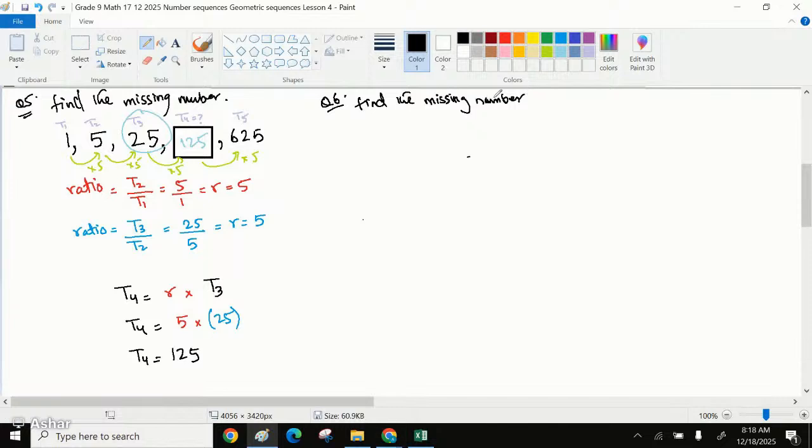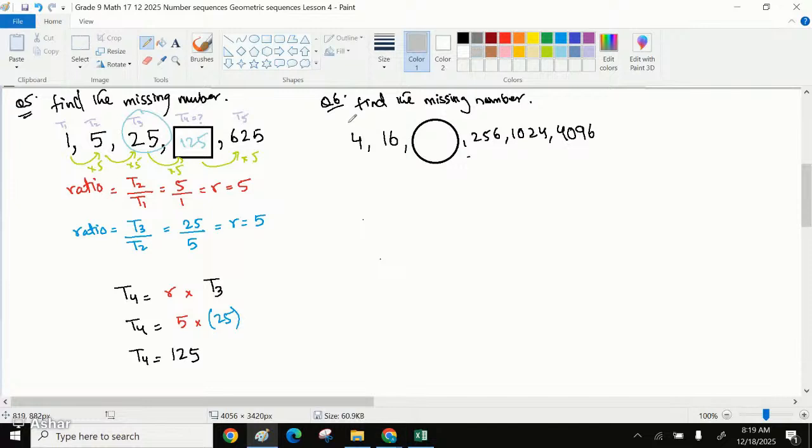The sequence given is 4, 16, a missing value, 256, 1024, 4096. If this is the sequence given to us, we need to find the ratio.